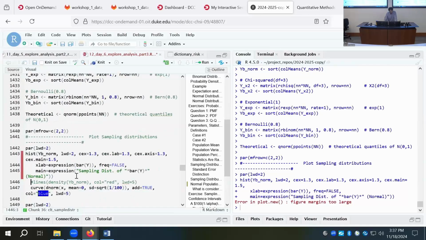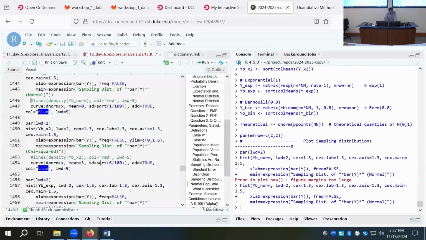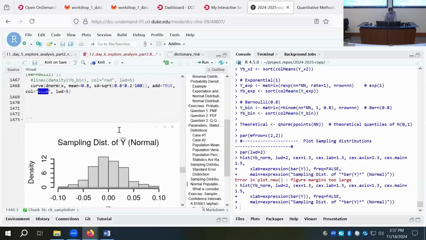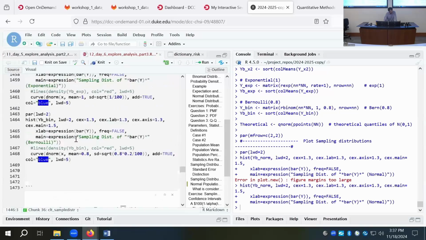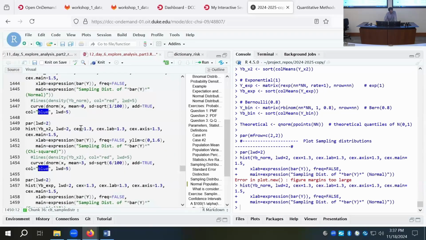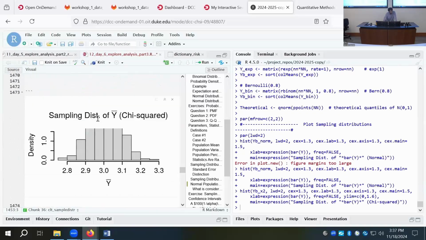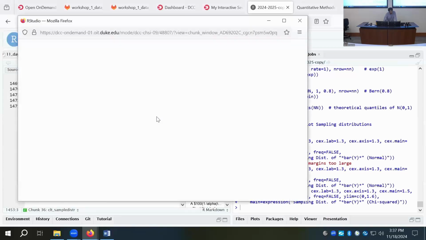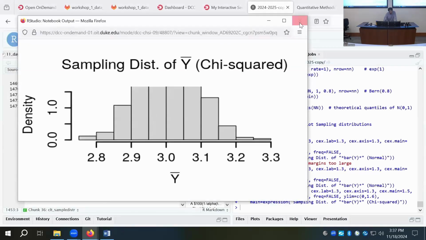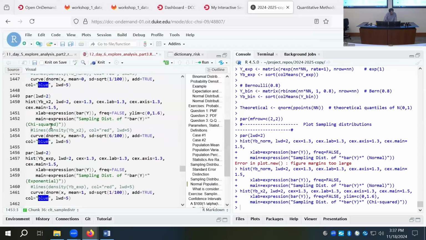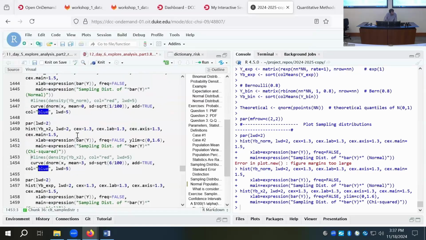Okay. So this shows the normal, right? Looks pretty good. Let's look at the chi-squared. Why is it cut off like that? All right, let me just plot this over in this one. That's what happens when you go off script.